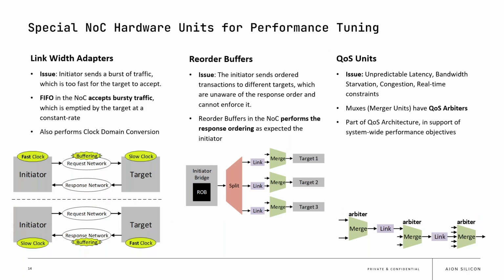You also have reorder buffers. Say you have an initiator which is issuing ordered transactions to several targets. Having the reorder buffer in the initiator bridge allows the NoC to send all those transactions to the appropriate targets, and then when the responses are received, the reordering is done within the reorder buffer in the initiator bridge.